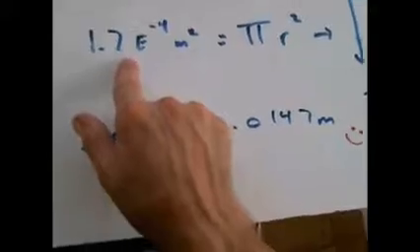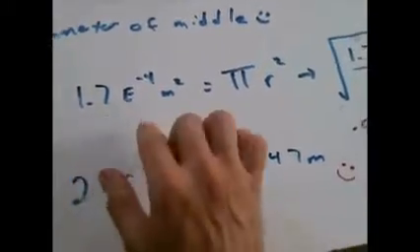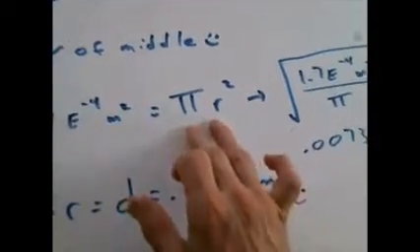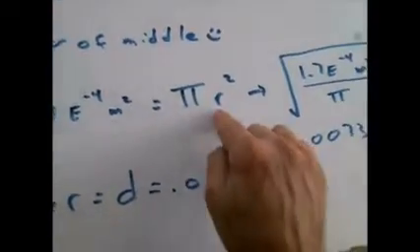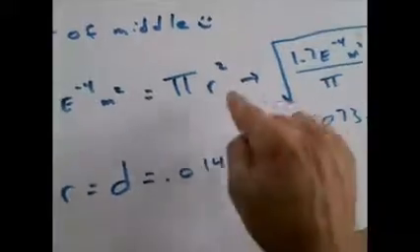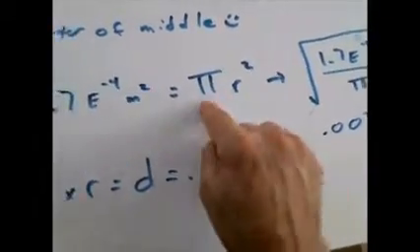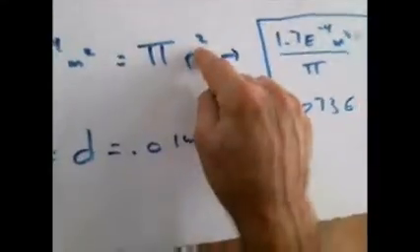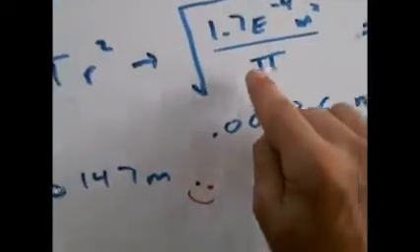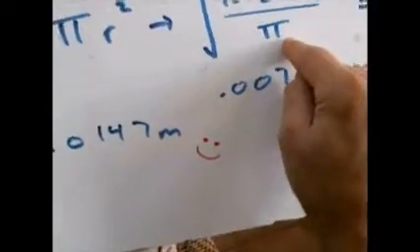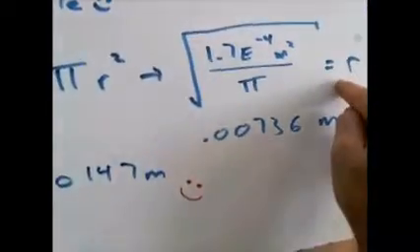Now, area for any given circle, you guys all know, is simply pi r squared. So if I'm going to solve for whatever that r is, then what I'm going to do is simply divide by pi and square root it. So it's that surface area divided by pi, square rooted, is the radius.